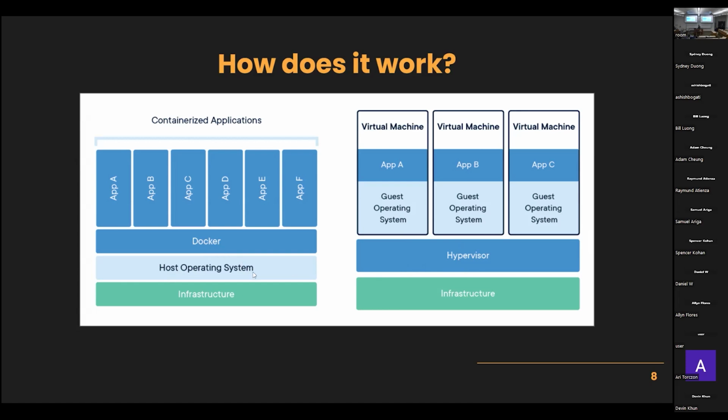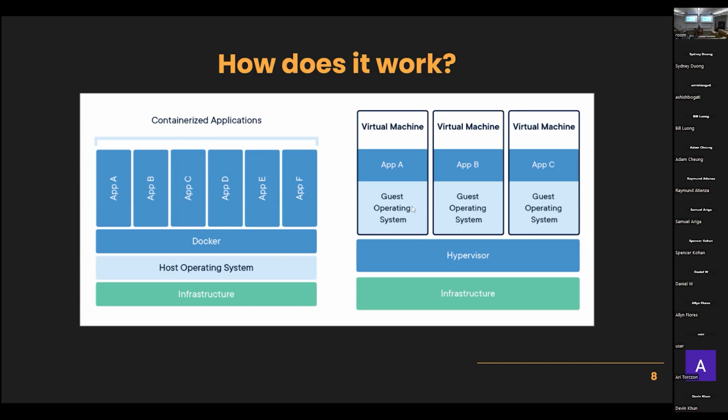But after the operating system layer, you'll see a difference here. For the containers, you have Docker, which is the Docker engine. And then above that, that's where you have your applications and what I mentioned earlier, your containers.